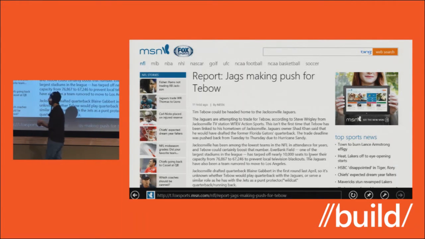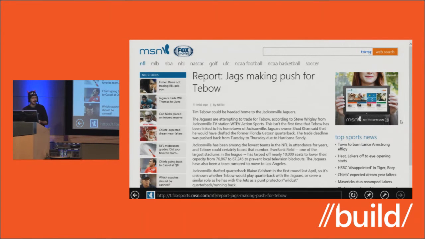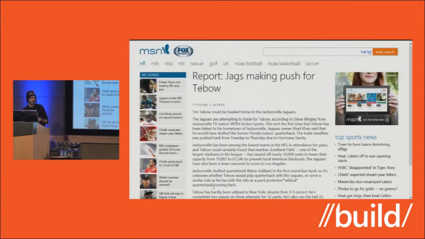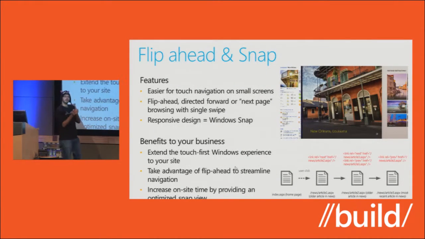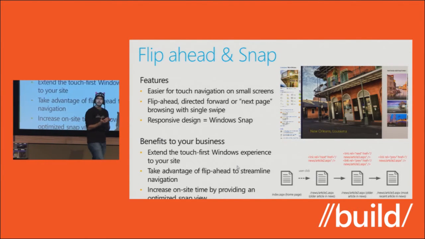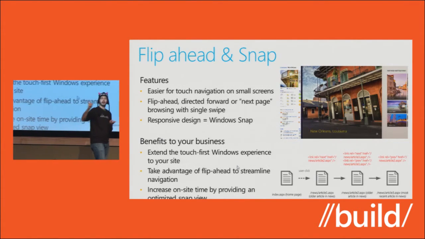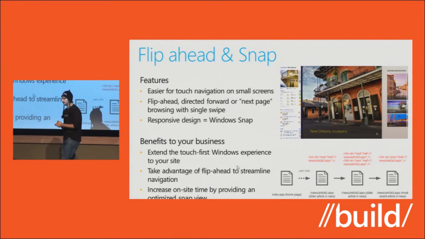How does that work? Basically, there's a couple of lines of code that you can put on your site that will allow the machine, and I haven't turned this on in this one, that would allow the user to have a magazine-like viewing experience by just swiping to the right side of the screen to go forward and to the left side of the screen to go backward.